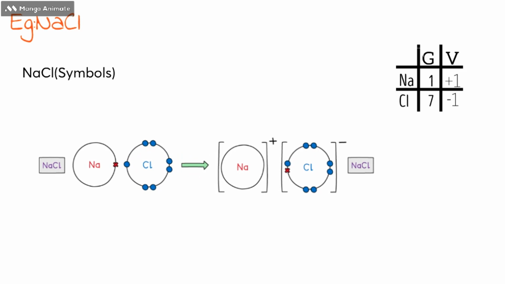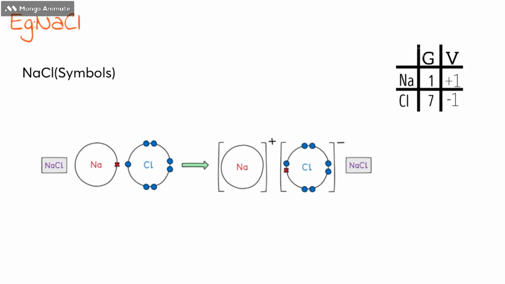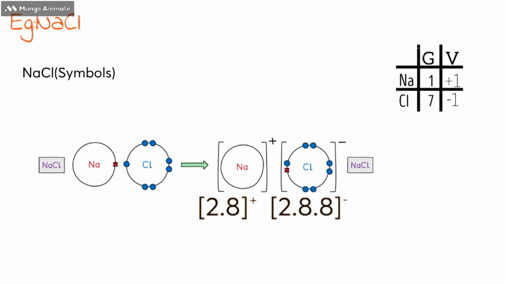Now, draw the ions with their outer shell and then draw them after the electrons are lost by sodium and gained by chlorine, with the brackets and charges given in the group valency table. Next, write down the electronic configurations of the closest noble gas configurations and put brackets around them with the charges given in the valency table.